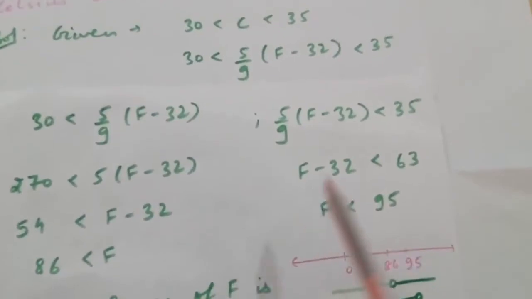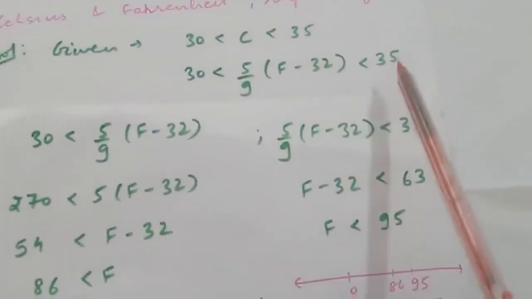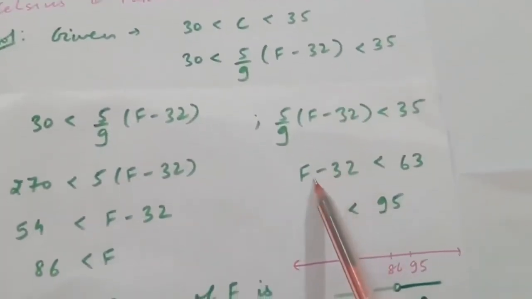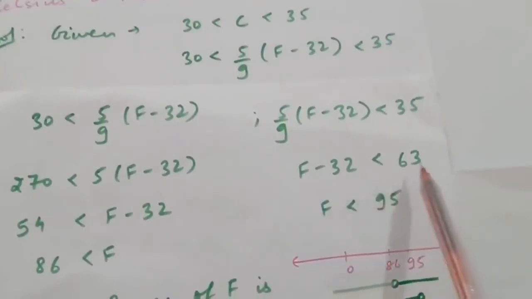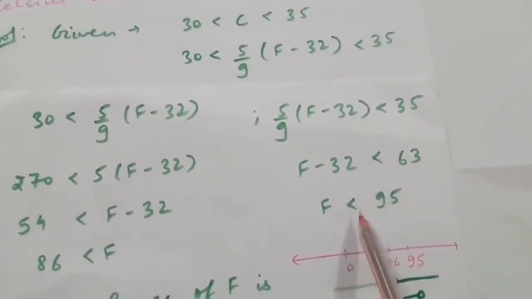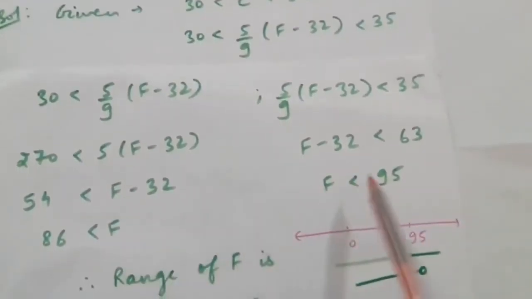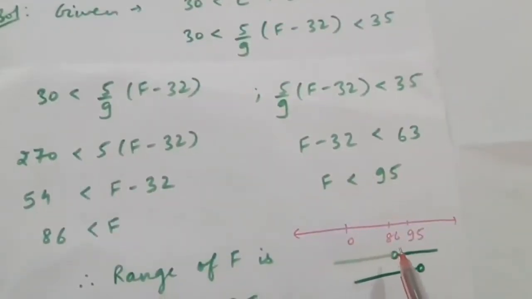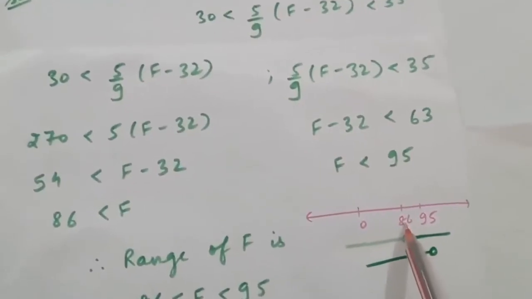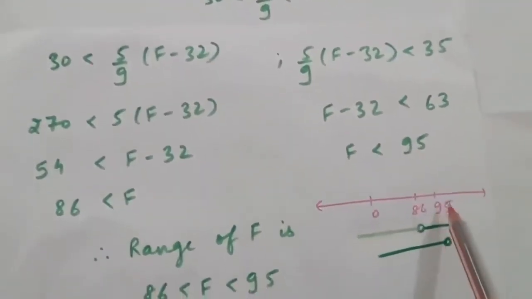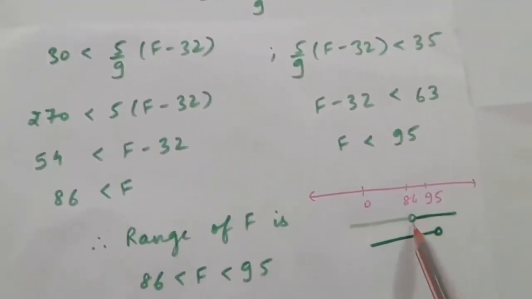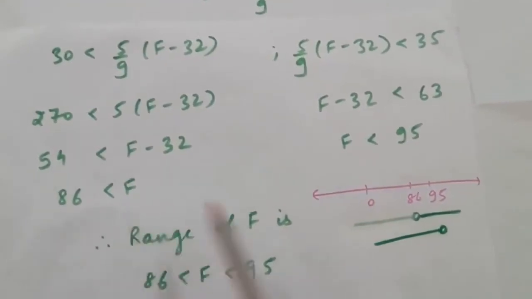Right? Now taking these two parts, you will solve it. You will get F minus 32 less than 63, F less than 95. When you take the intersection of these two, see here, suppose 86 is somewhere here on the number line and 95 is here, so F is greater than 86.